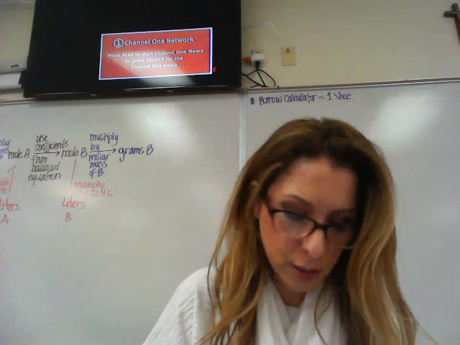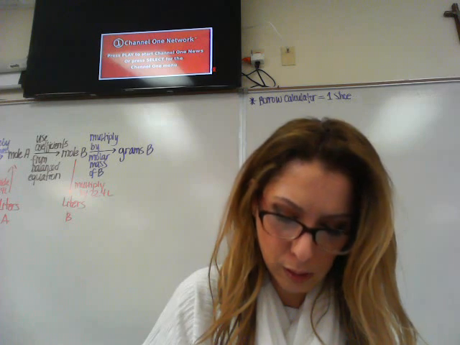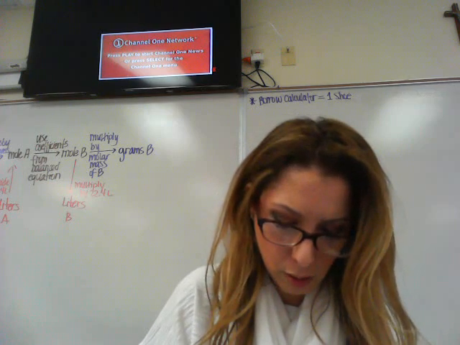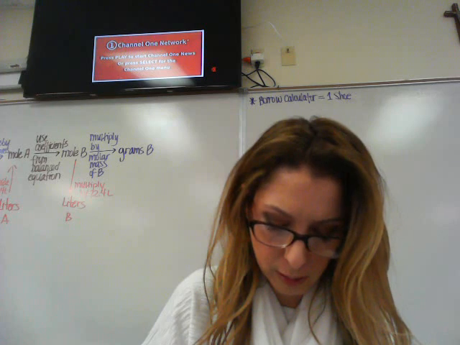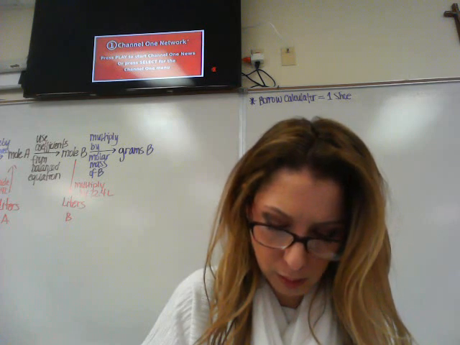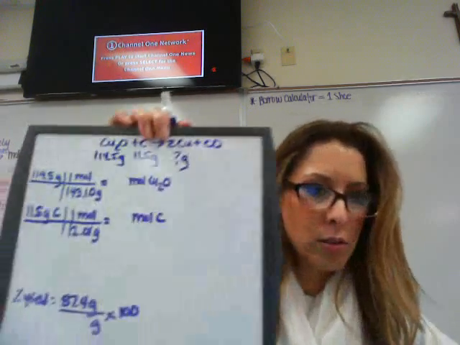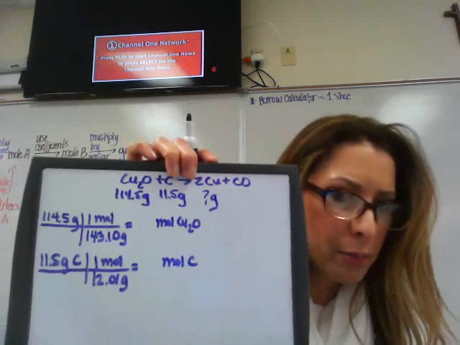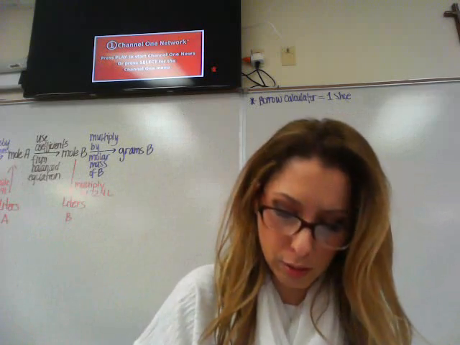The molar mass of Cu2O is 143.10. And then the molar mass of carbon is 12.01. Okay, so 114.5 divided by 143.10 is 0.800.